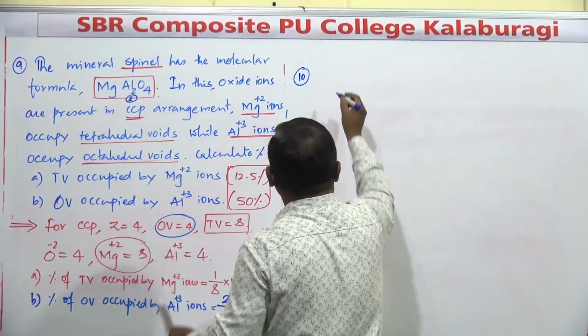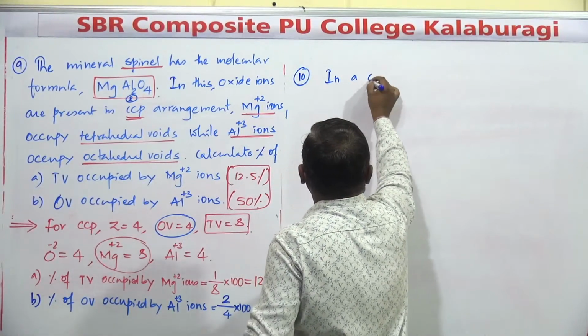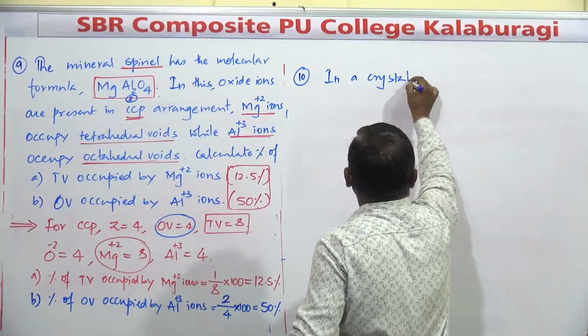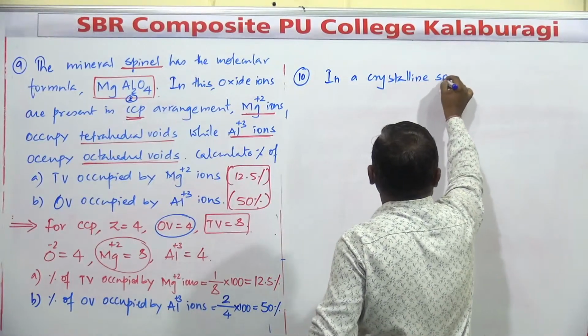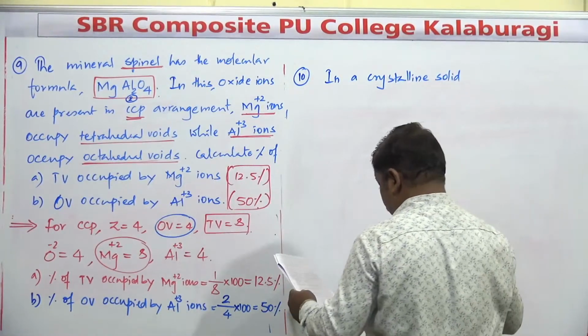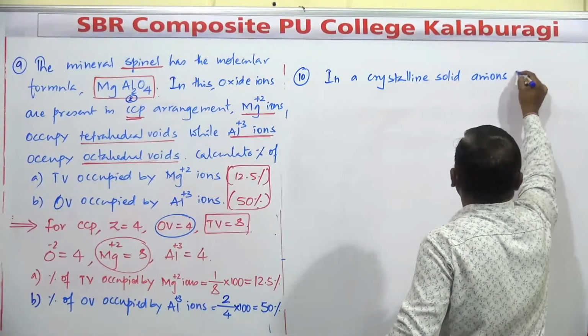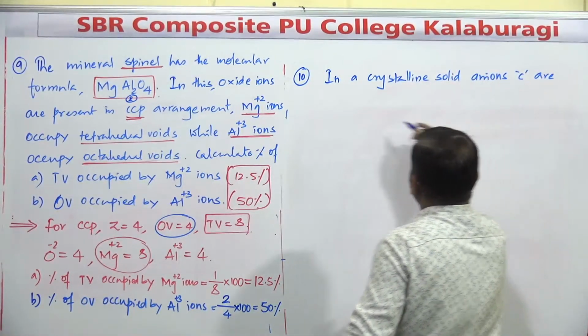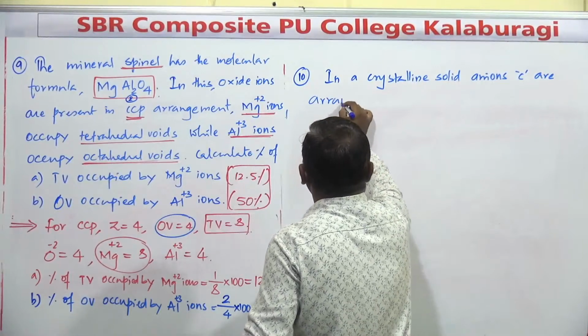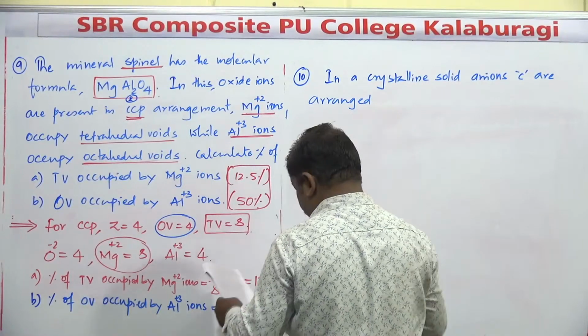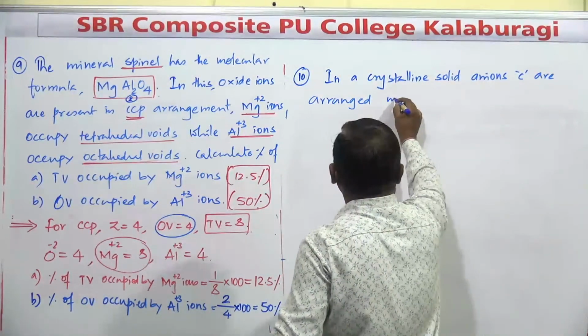In a crystalline solid, anions C are arranged in CCP.